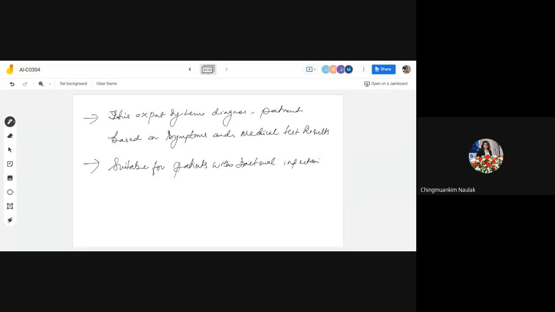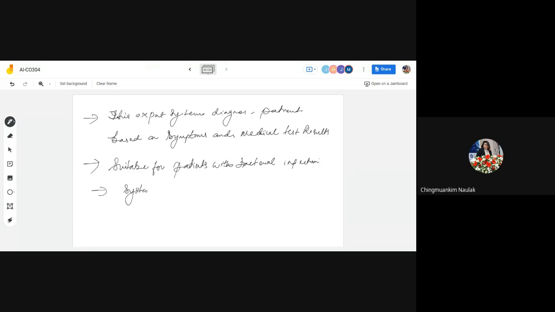Though it is used for patients with bacterial infection, the specific infection is not known. And this system, just write one more point on this.